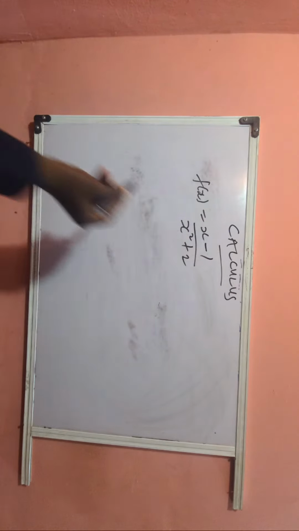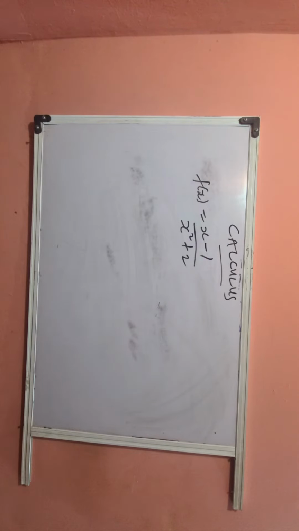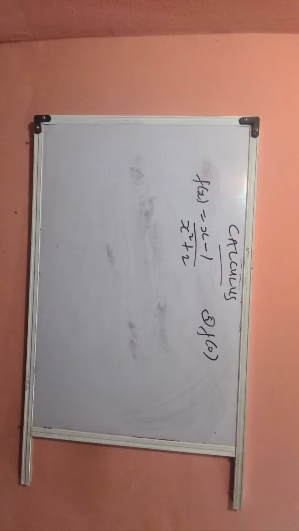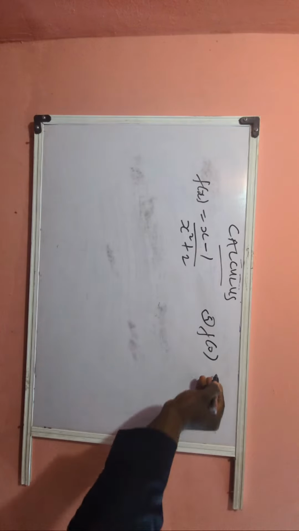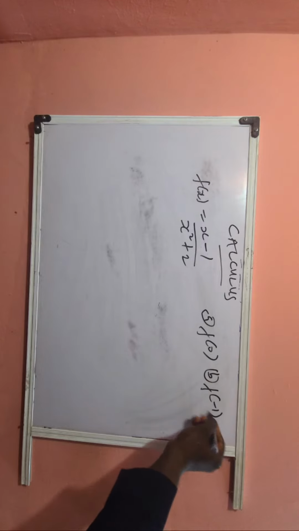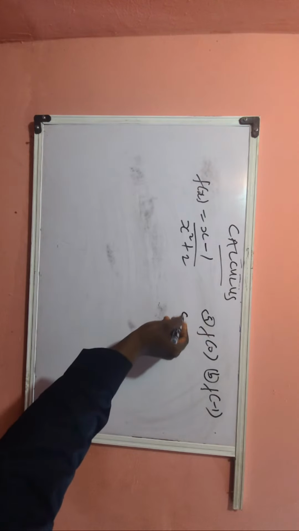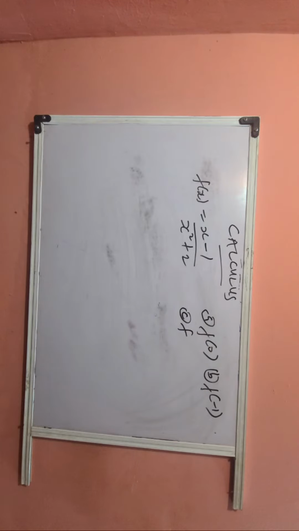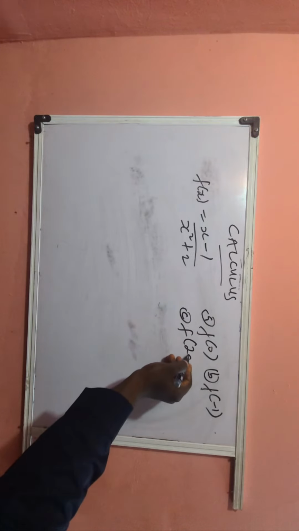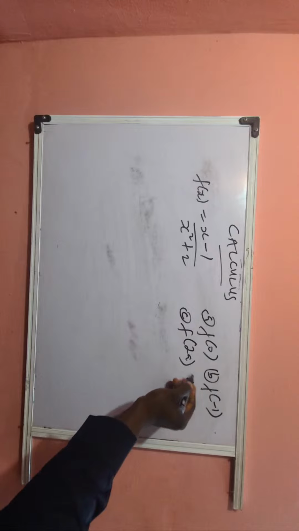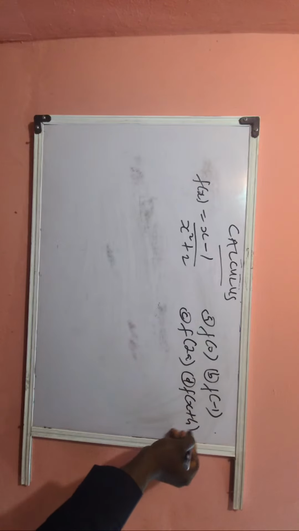Now, if you're told to find, number 1, f of 0, then you're told to find b, f of -1, then you're told to find c, f of 2a, then you're told to find d, f of x plus h.